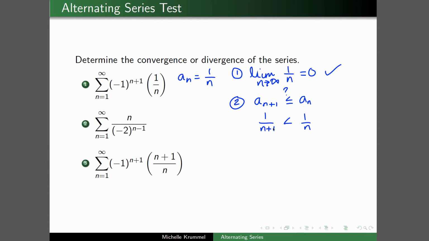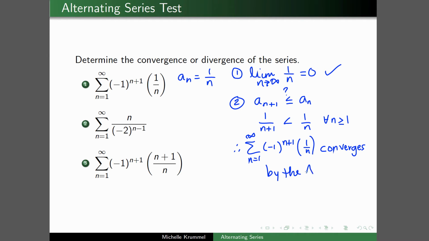So the n plus first term is always less than the nth term, and that is true for all n greater than or equal to 1. Therefore, our series, n equals 1 to infinity, -1 to the n plus 1, 1 over n, converges by the alternating series test. You may want to pause the video and try examples 2 and 3 on your own.